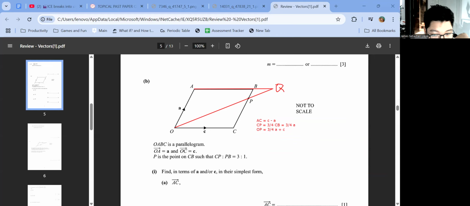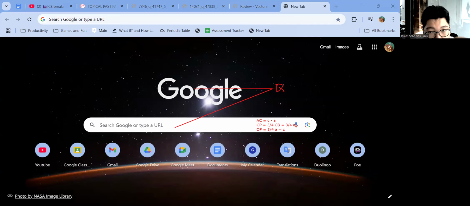Now if we want to think about it, we can find OQ by considering how it extends from OP, right?